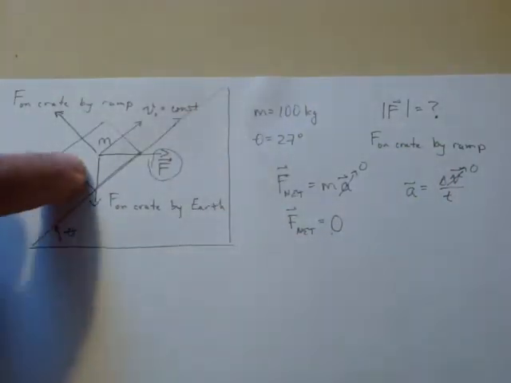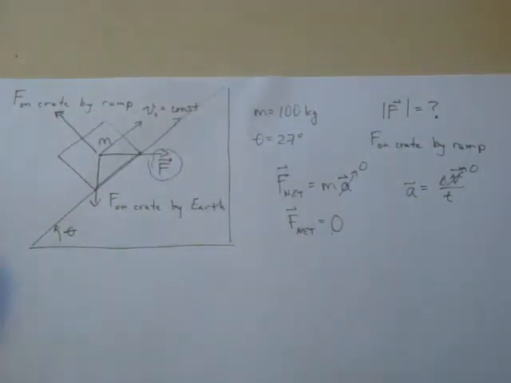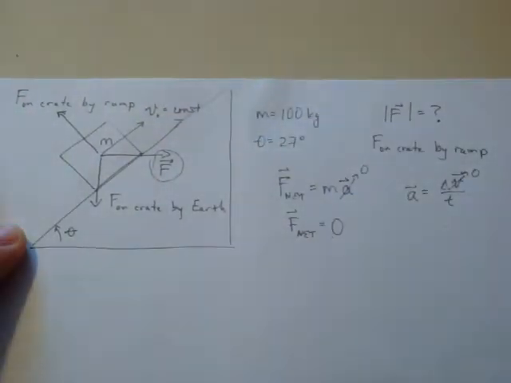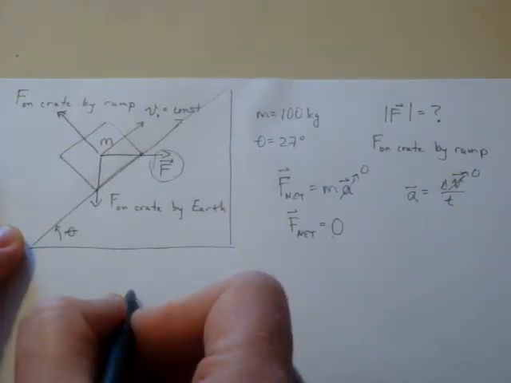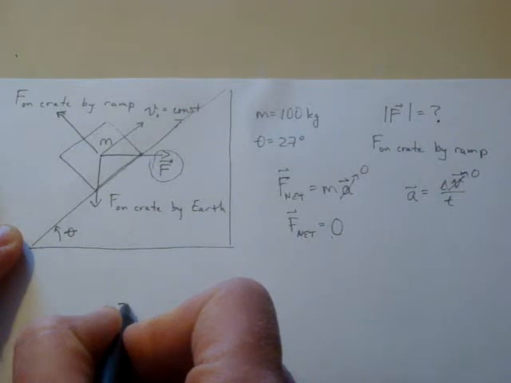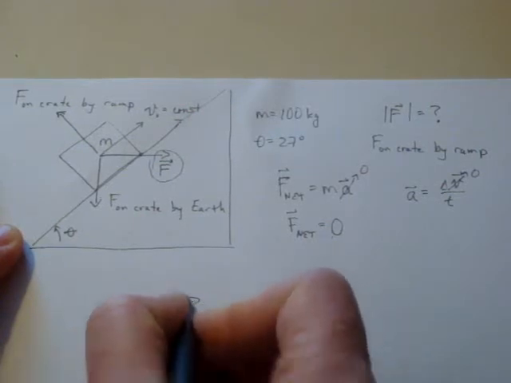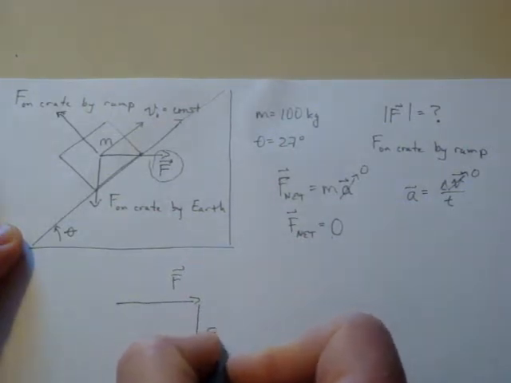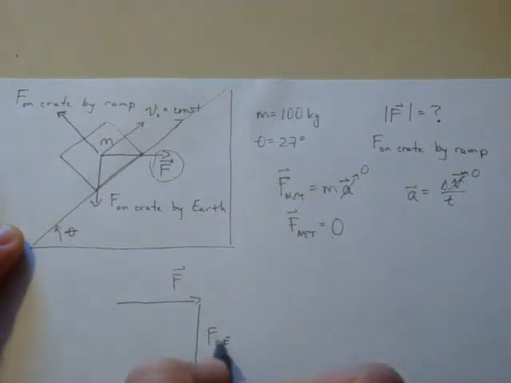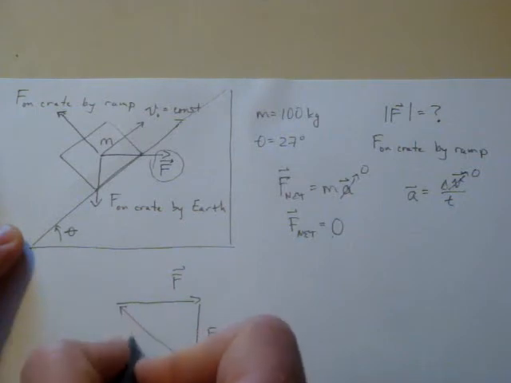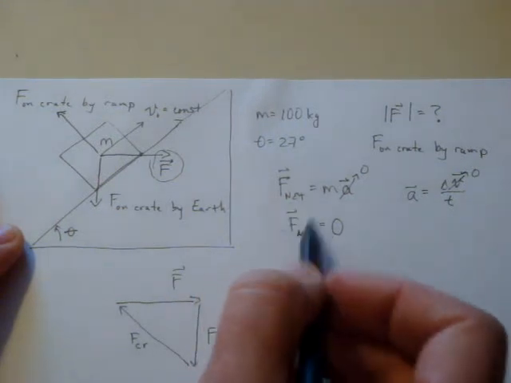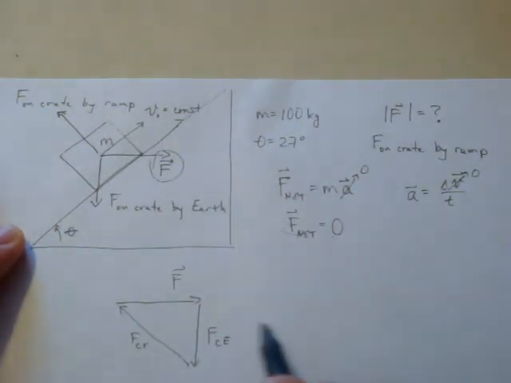Now, if we knew exactly how long each of these vectors were, we could do the same thing. Recall that this is a velocity vector, not a force vector, that one that I drew there. We could sum all these up. We do know that the sum of these three forces, the F plus what we'll call F of C by E, the force on the crate by the Earth, and the force on the crate by the ramp, these should sum up to 0, because we know the vector sum of all the forces acting on this crate has to equal 0.